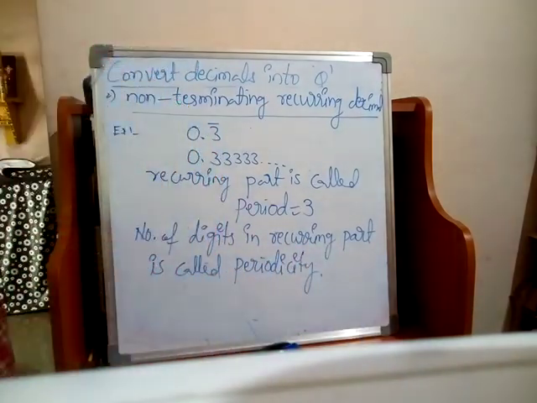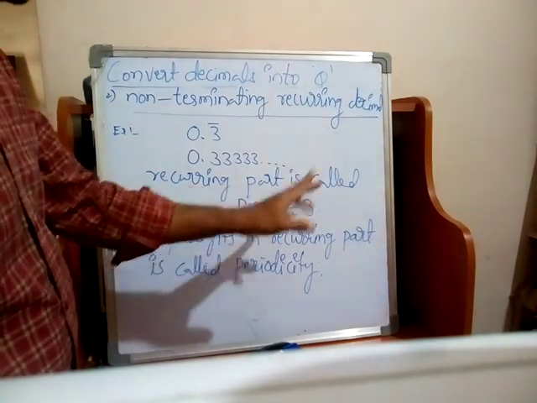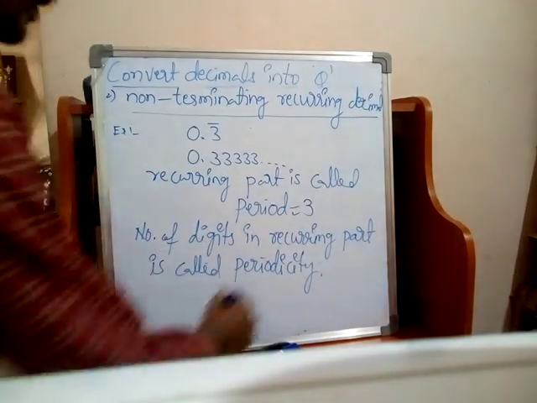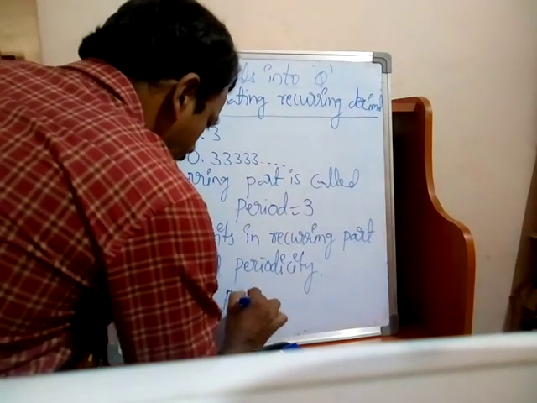Okay. The recurring part is called period. The number of digits in a recurring part is called periodicity.